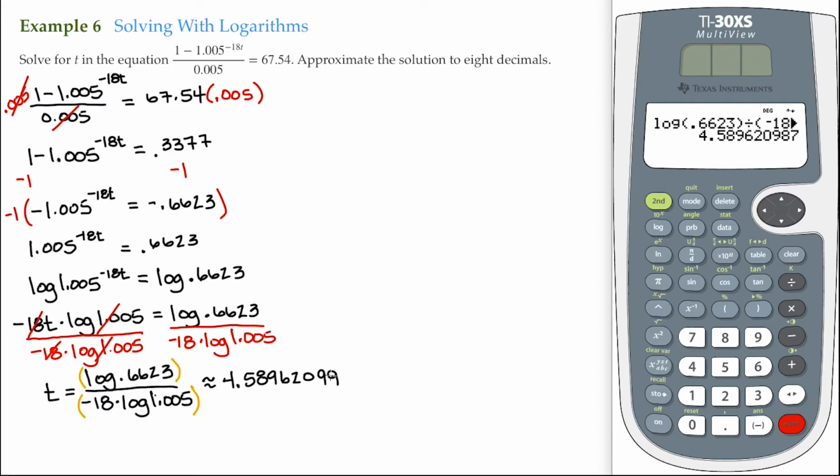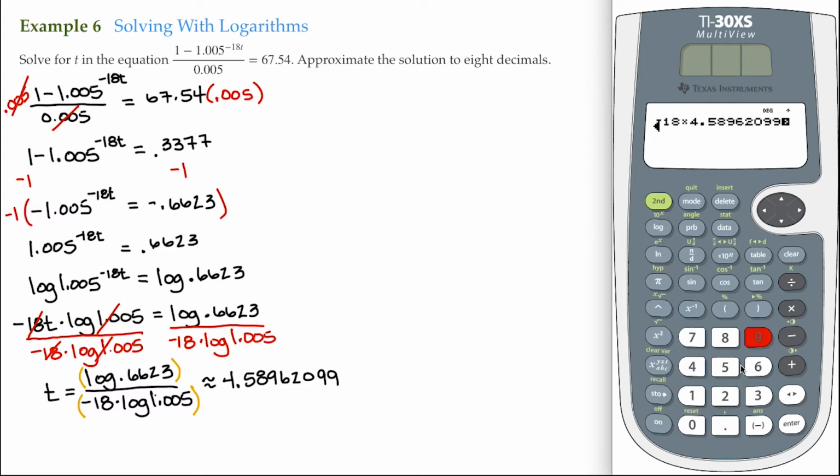So now I want to check it. I'm going to start back up over here and put it into this term right here. So I'm going to take 1.005, use the caret key, and raise that to the negative 18 times 4.58962099.